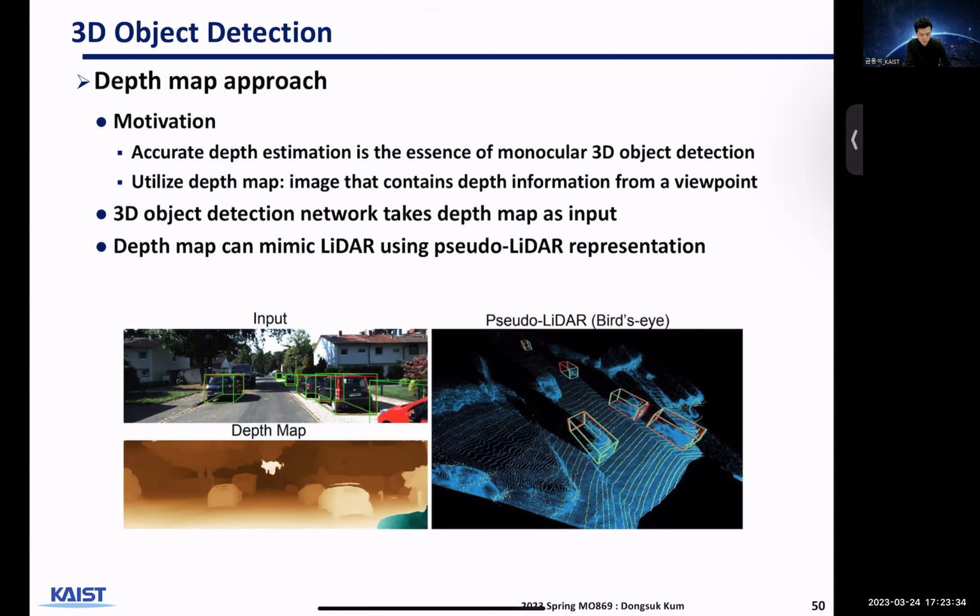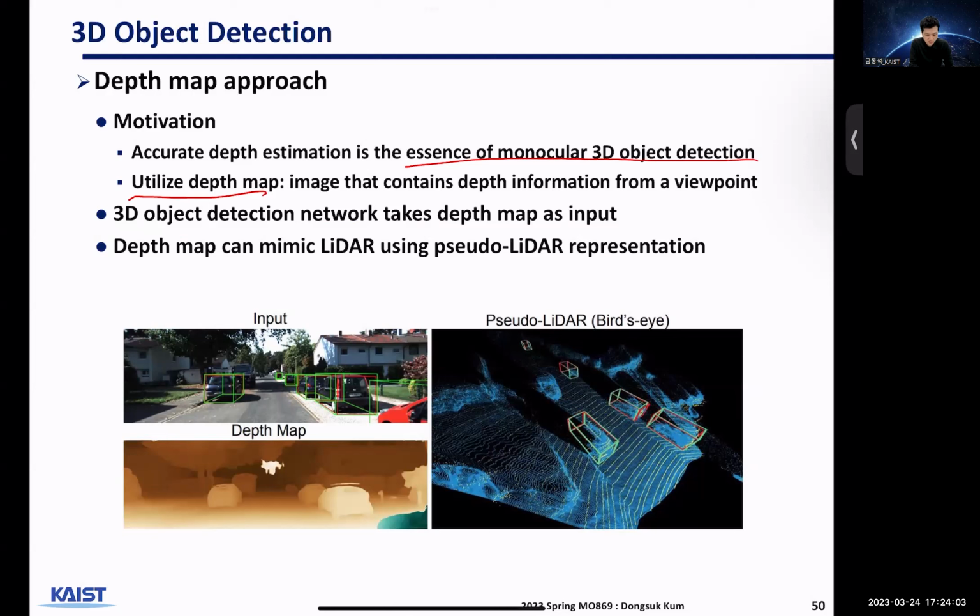So why don't we leverage these available depth map networks, and then we can hopefully predict 3D objects more accurately. Accurate depth map estimation is the essence of monocular 3D object detection. Let's utilize the depth map.